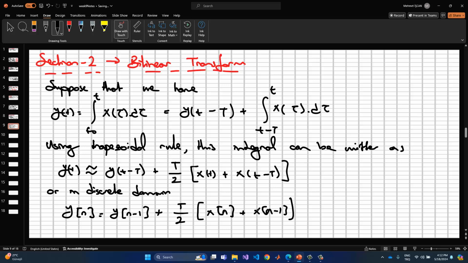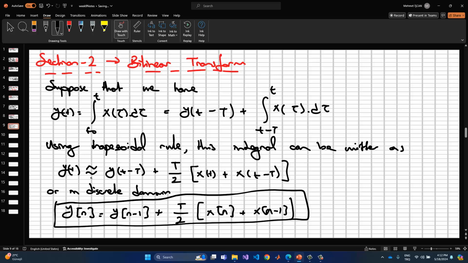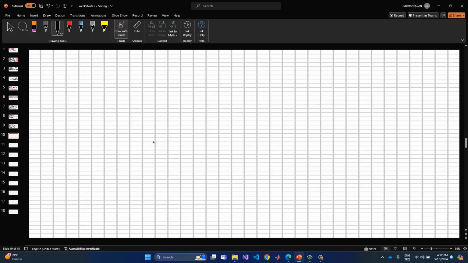These are the discrete representation of our algorithm. So y[n] equals y[n minus 1] plus T divided by 2 times x[n] plus x[n minus 1].